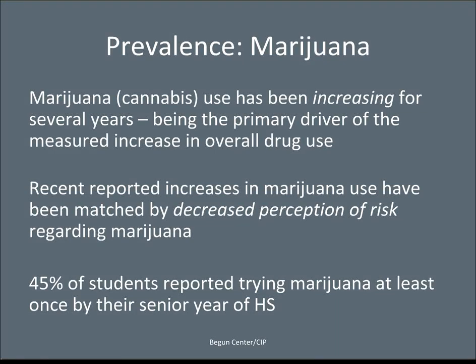Then on to marijuana, cannabis. This is just about the only one, when we take a look at drugs and alcohol, the psychoactive drugs, that has been increasing, and it has been for several years. This is the primary driver of the measured increase in overall drug use.